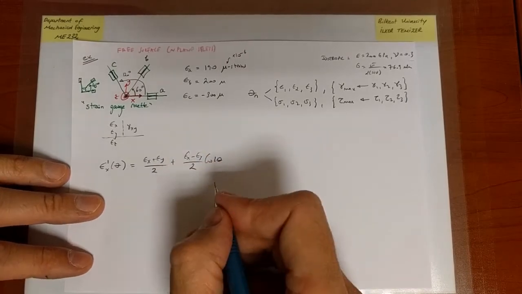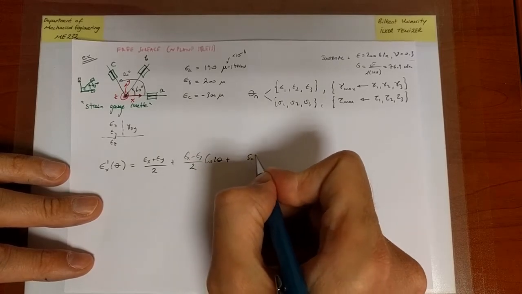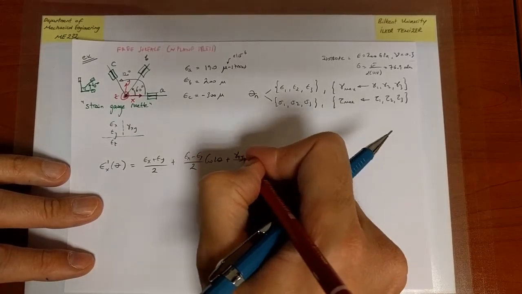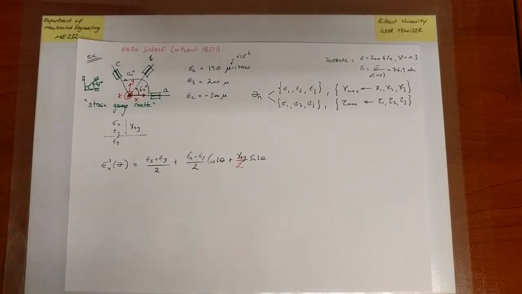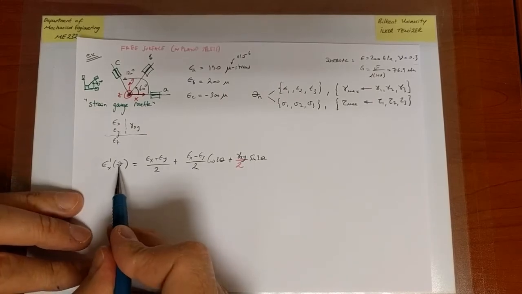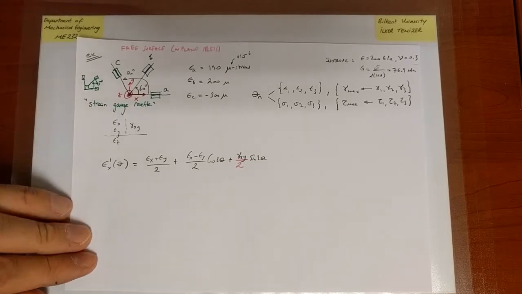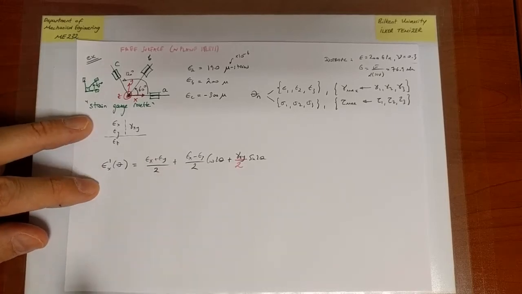The mathematics is the same, except when you have a tau xy sine 2 theta, here I would have gamma xy over 2, and I emphasize with a factor of 2. Okay, so that is now the relation that I have for any angle change theta that will deliver me a new value for the normal strain.